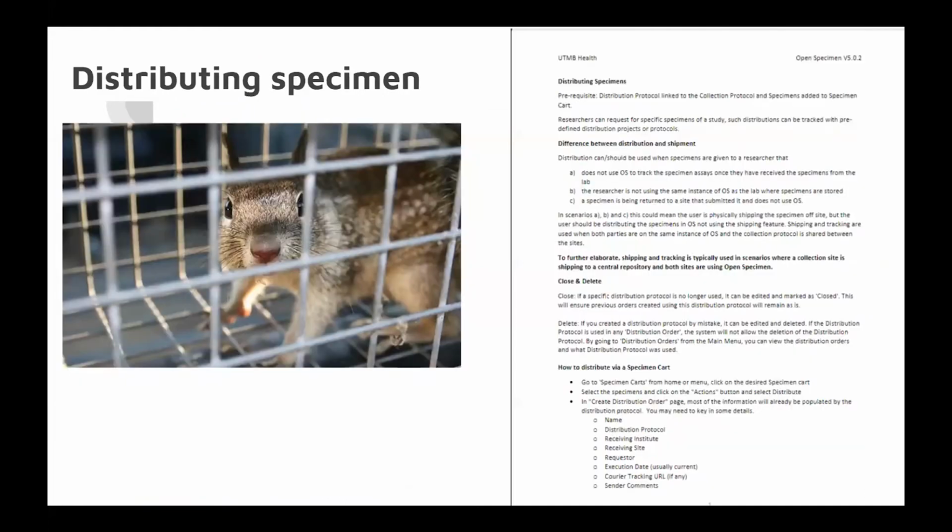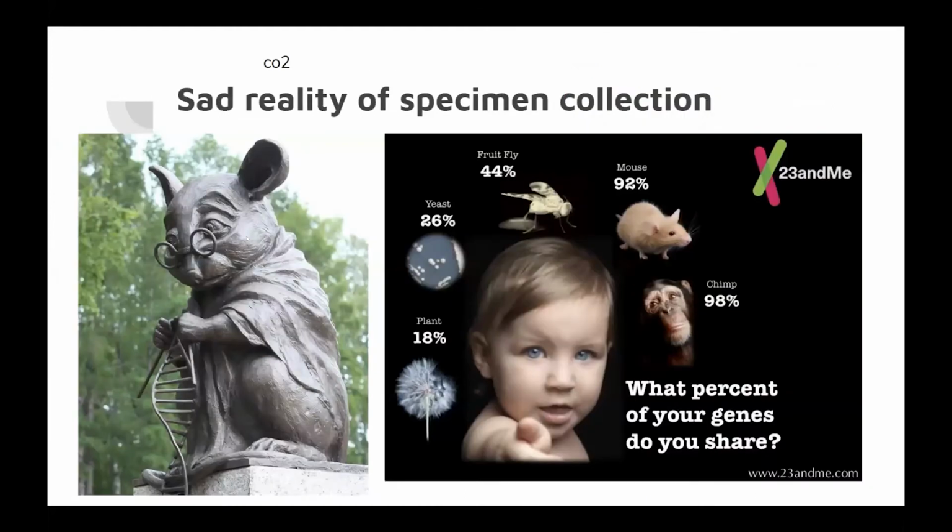So last I had a rodent, I had a squirrel in here. So basically what happens is you have to collect them and then you have to preserve them. That means that you have to humanely get rid of their consciousness.